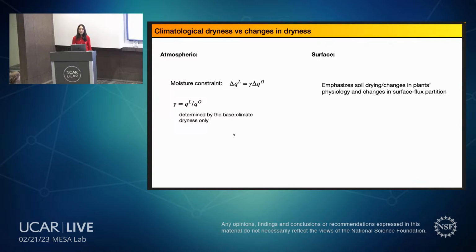So we do not need land to get drier to have land warm more. But in the surface perspective, it emphasizes that soil dries and the flux partition changes.